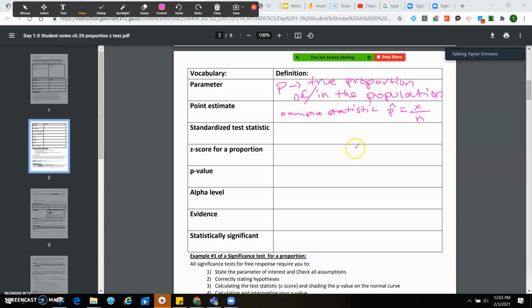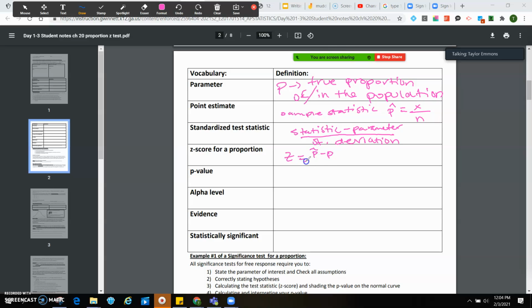A standardized test statistic is the statistic minus the parameter divided by the standard deviation. So z-score for a proportion, you already know this formula.